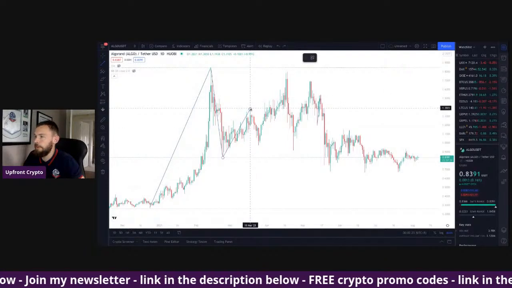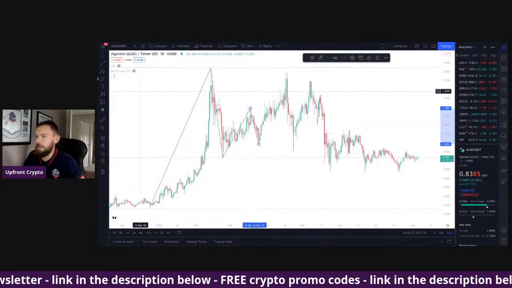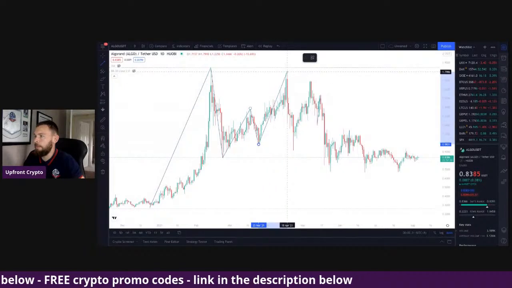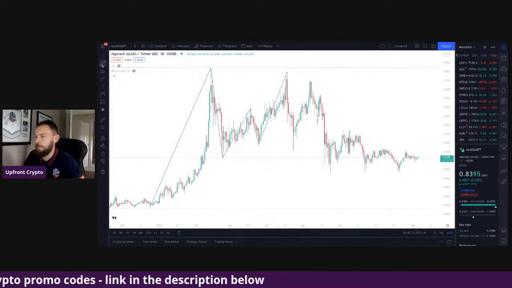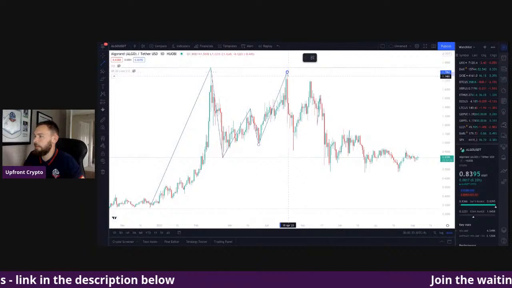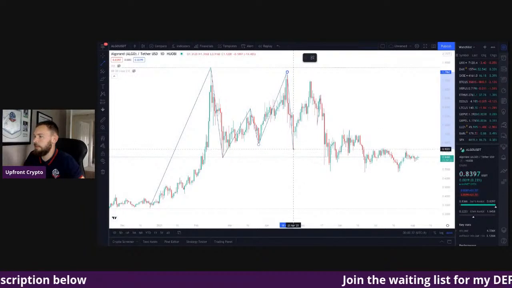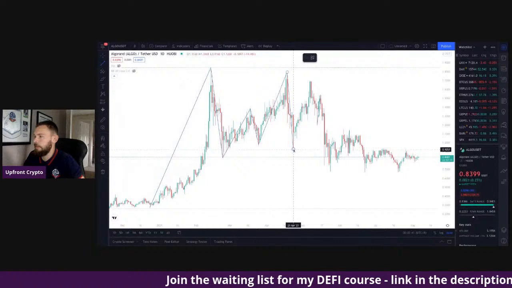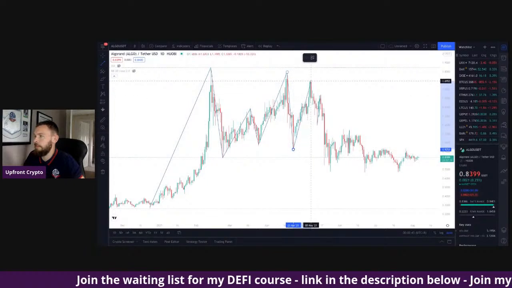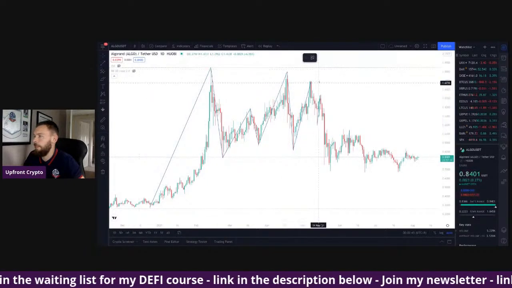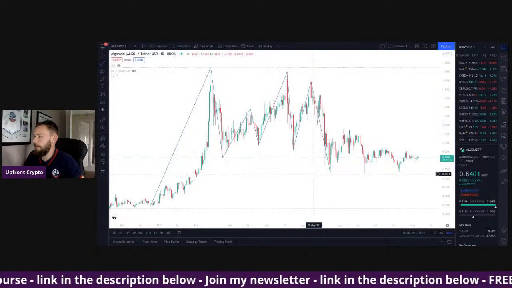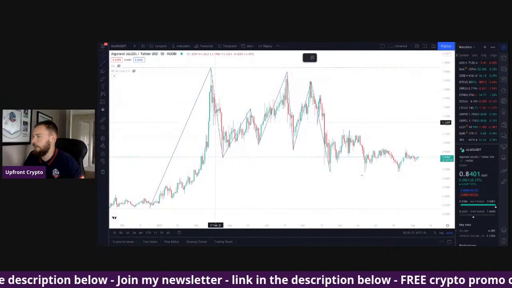So you can kind of see, if we did this one here, what it's done is try to get some support and then get back up to its all-time high, which it didn't do. Then tried a third time, didn't do it, and then kind of went into this sideways action here.